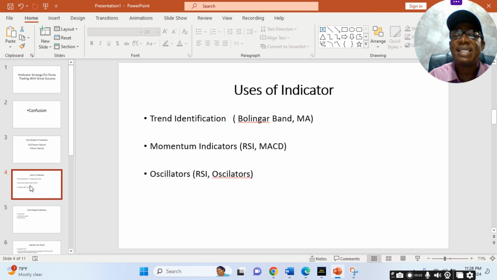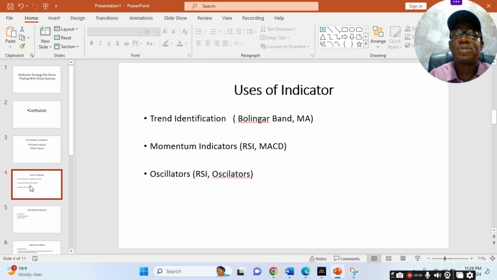Now, the indicators, before you talk of indicators, what are their uses? There are three major uses of indicators: trend identification. Now, the Bollinger Band, the moving average, these ones are software based. Momentum indicators. The trend indicators or identification indicators are indicators that tell traders that this is where the market is going up or is going down.